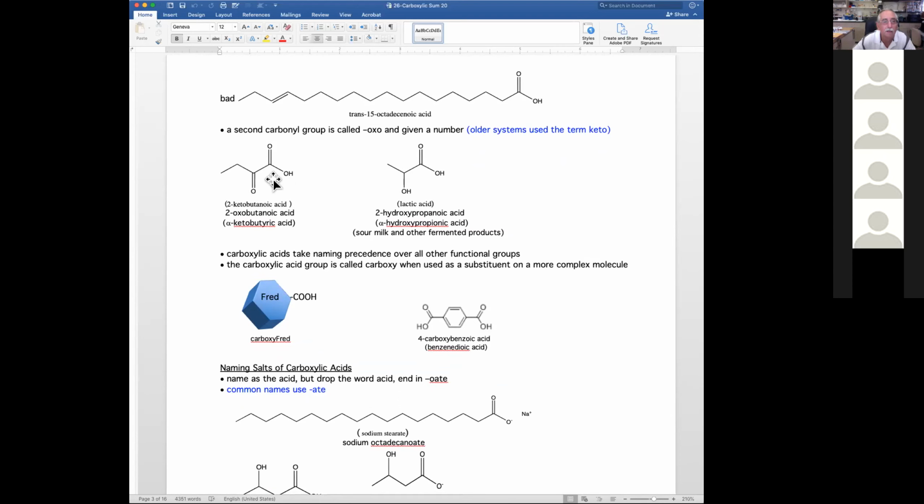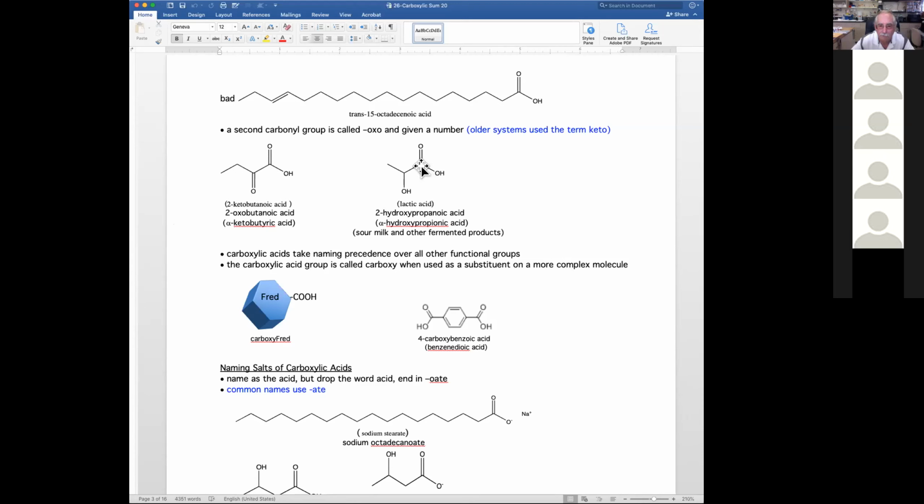So we could say also keto. And this is also in the alpha position, isn't it? So we could say alpha-keto butyric acid. If you know about metabolism, you'll see this in metabolism of certain things.